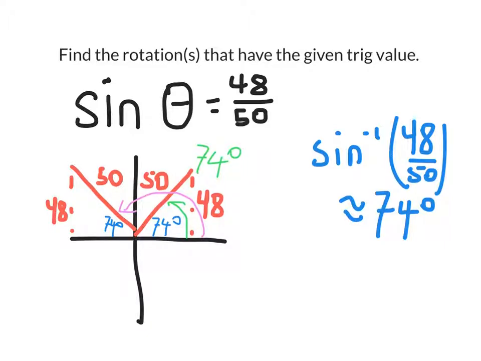And then for the second quadrant angle, I can go to 180 degrees, and then I'll have to subtract that 74 degrees back to get the rotation. So 180 minus 74 gives me 106 degrees. And therefore, my two rotations, where sine of theta equals 48/50, are 74 degrees and 106 degrees.